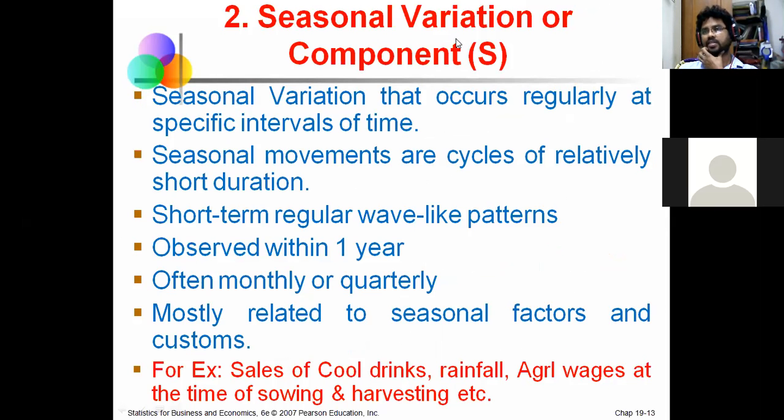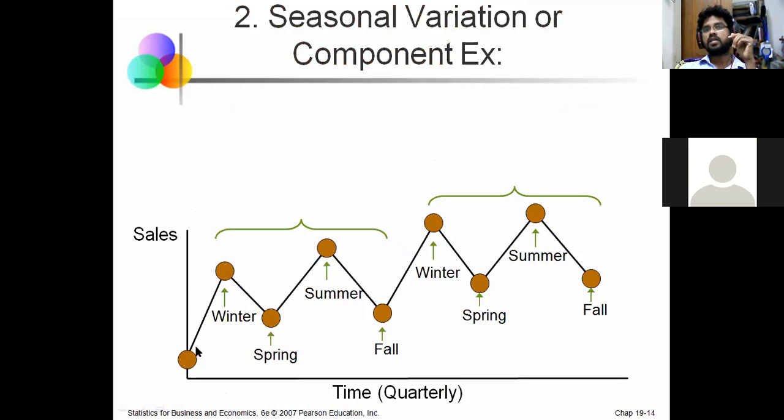And seasonal variation. Seasonal variations occur within the year, often monthly and quarterly. For example, sales of ice cream, sales of cool drinks, or rainfall. In the summer season, the sales may increase, and after the winter season they come down. In the winter season, there are some commodities whose sales will be high.